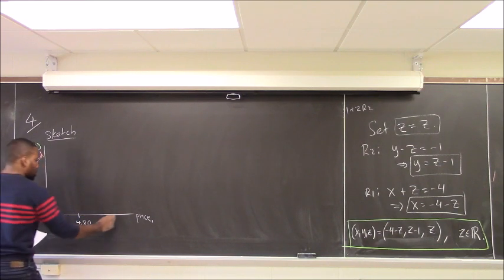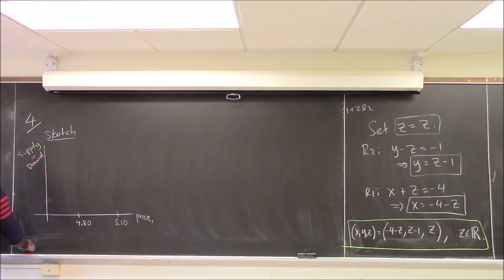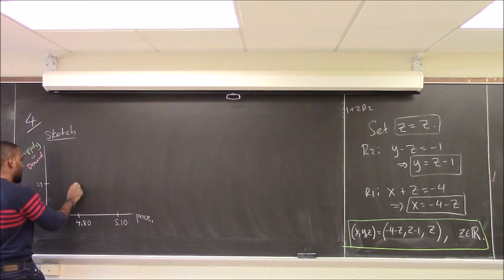A second price is also mentioned, 510, that's going to be over here. So what's going on at 480? Well, the supply is 1.9 billion. So I'm going to have a point here which says 1.9. That's for the supply, and so there's going to be that point on the supply equation.